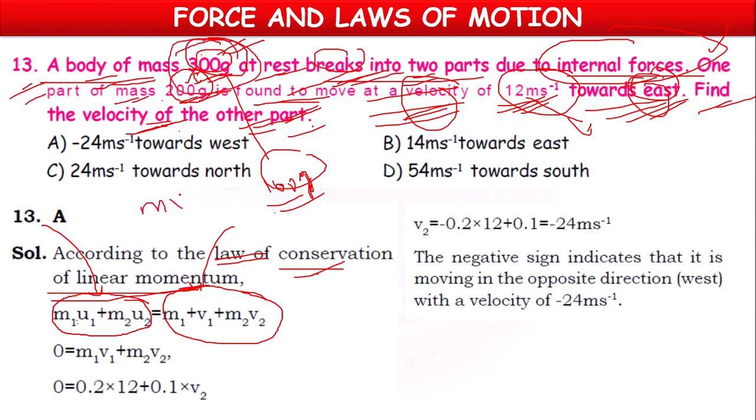Momentum is the product of mass and velocity. Before breaking, it is in rest position, so the total momentum will be 0, because there is no velocity before breaking of the mass. So 0 equal to m1v1 plus m2v2, the mass and velocity product of the first particle plus that of the second particle. After the breaking, whatever total momentum is there, it will be equal to 0.